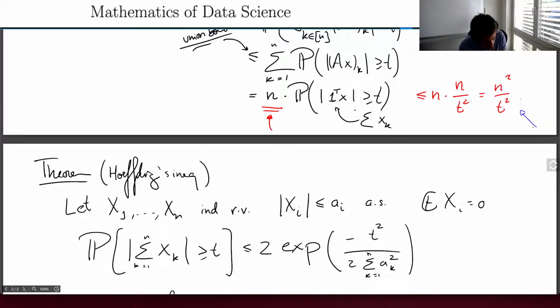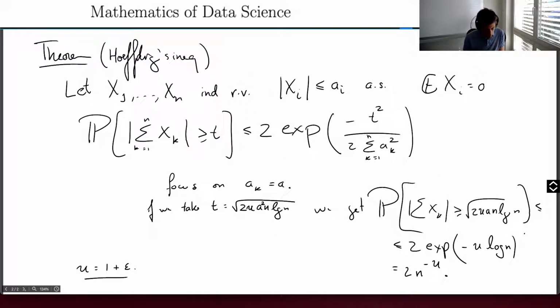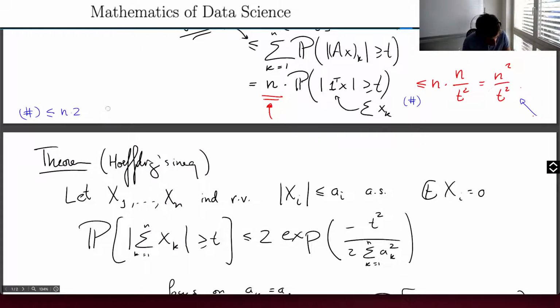If you plug it in here, we would get that this probability is smaller or equal than n times 2 times the exponential of... sorry. We'd have to pick t to be square root 2 (1 plus epsilon) n log n.